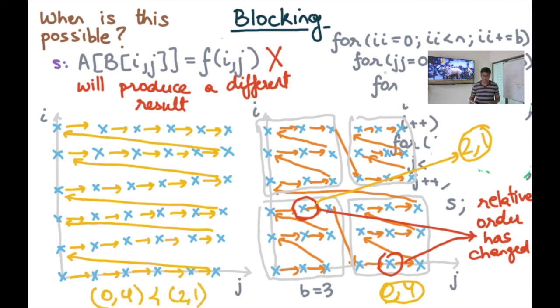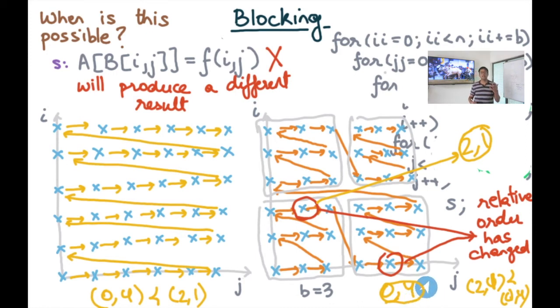But in my new order, because 2, 1 is part of the first block, 2, 1 executes before 0, 4. So here's an example of two iteration vectors, I1 and I2, such that I1 precedes I2 in the original order and I2 precedes I1 in the new order.